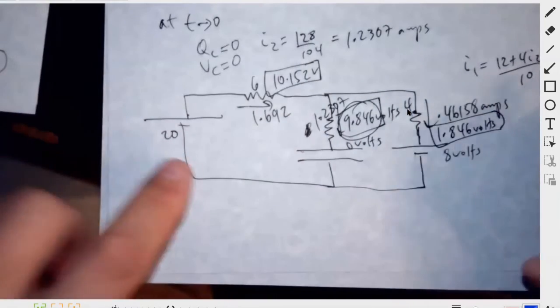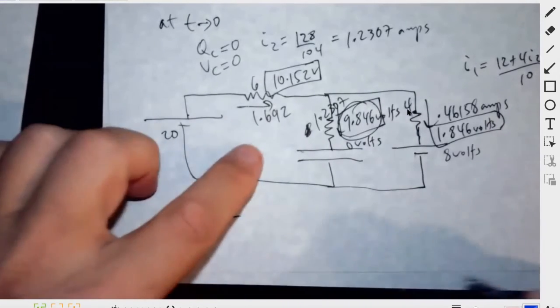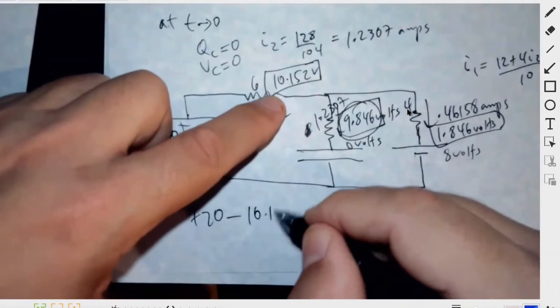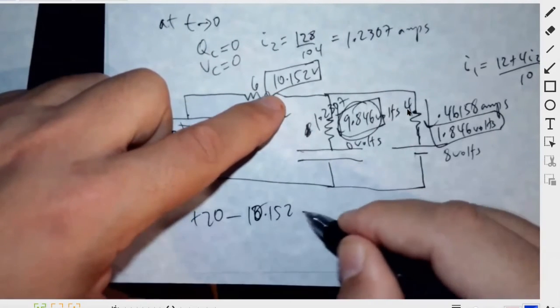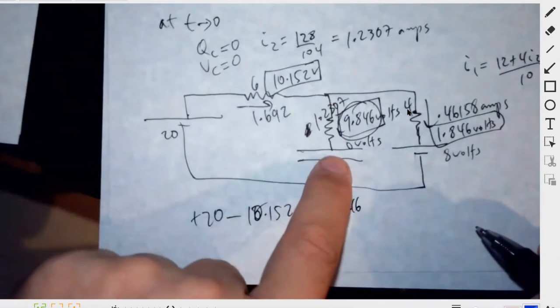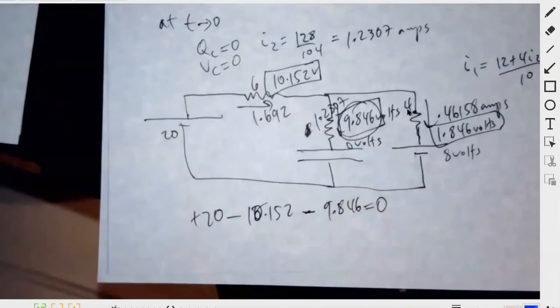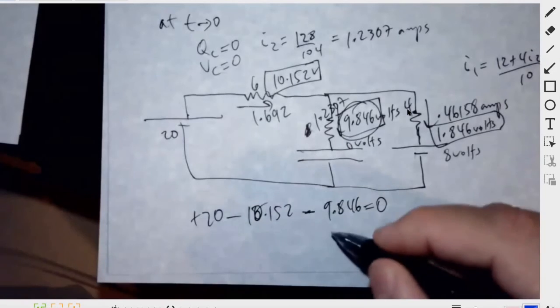Here we go, let's do our loops. 20 volts minus 10.152 minus 9.846, and then nothing across the capacitor, because that's when you first connected it. There's nothing on the capacitor, right? So is that equal to 0? Yeah, it should be. Yep.